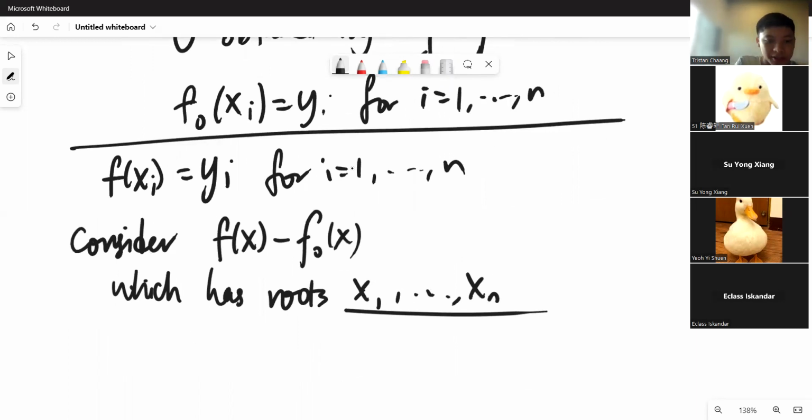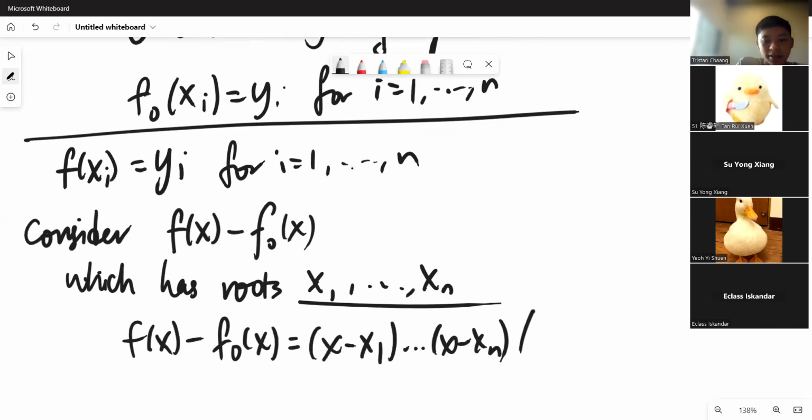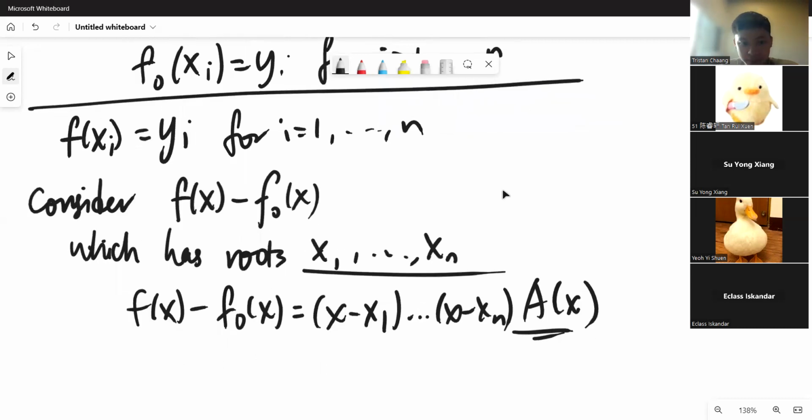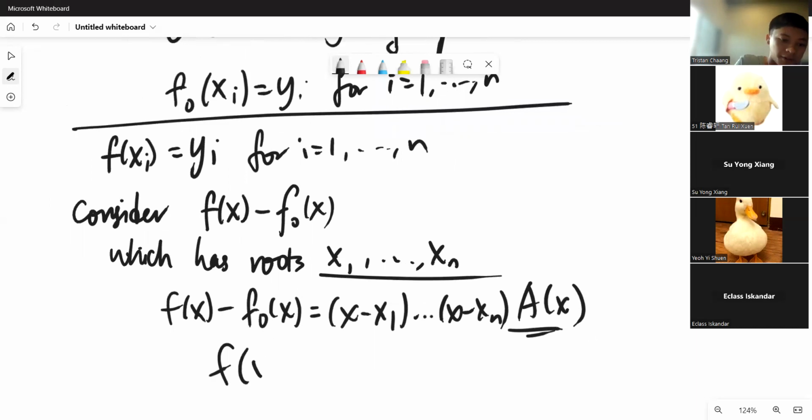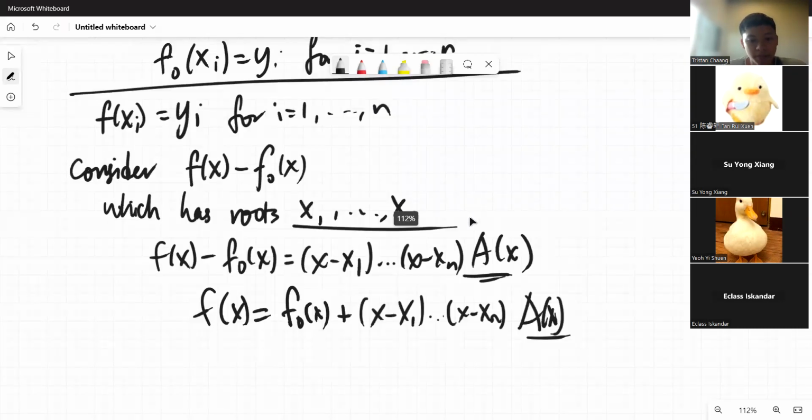But then what does this tell us? This tells us that f(x) minus f naught(x) equals (x minus x1) through (x minus xn), times some leftover polynomial a(x). So f(x) must be f naught(x) plus the product of all of these factors times a leftover polynomial. Let's check.